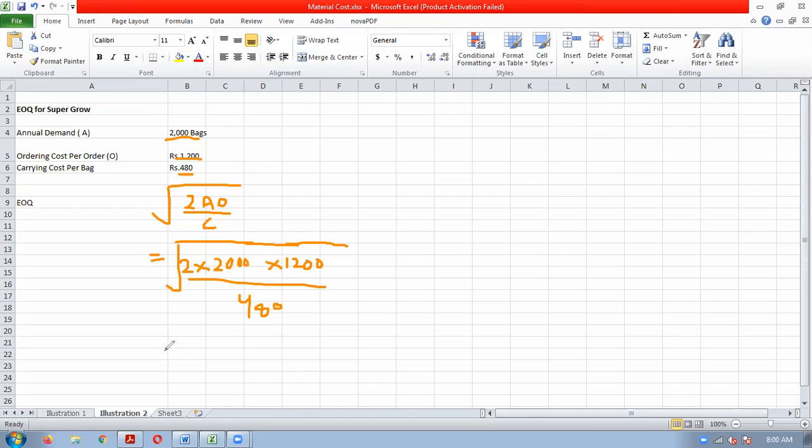Now you can solve this using your calculator. 2 into 2000 into 1200 divided by 480, square root. So what is the EOQ? 1000 bags for Super Grow.